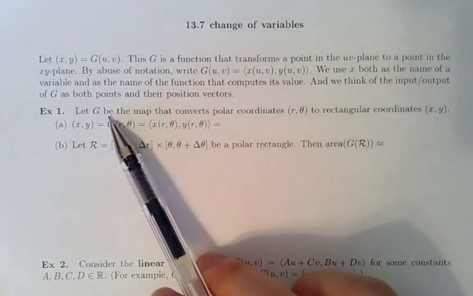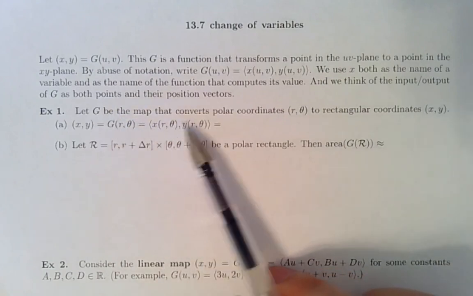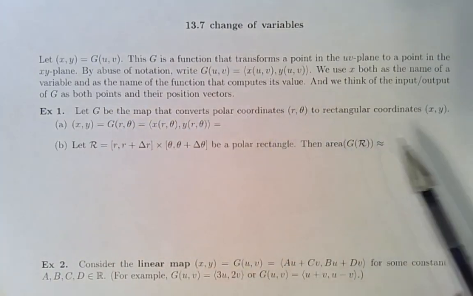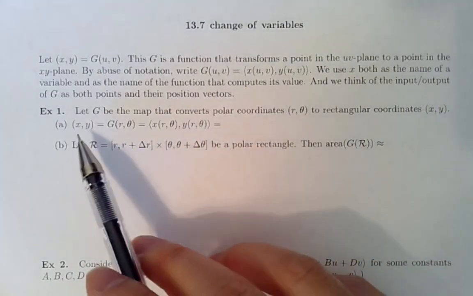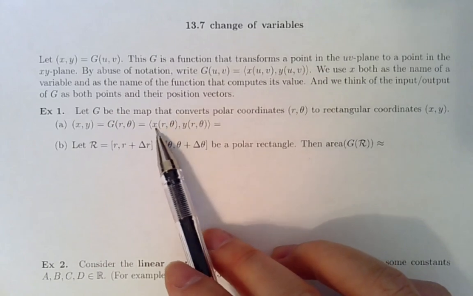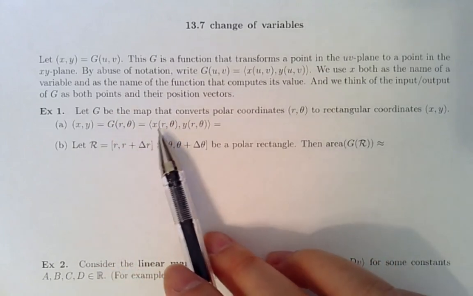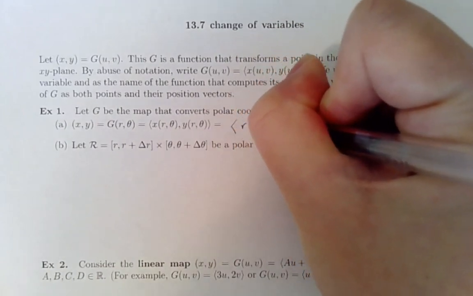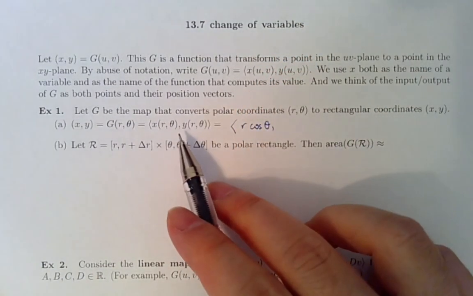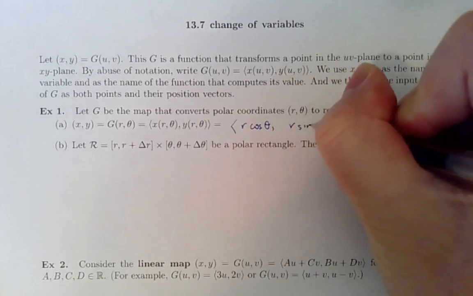So here, as a first example, g is a map that converts polar coordinates r, theta to rectangular coordinates x, y. We know this formula. How do we calculate x from r and theta? We have r cosine theta for x, and then y is r sine theta.